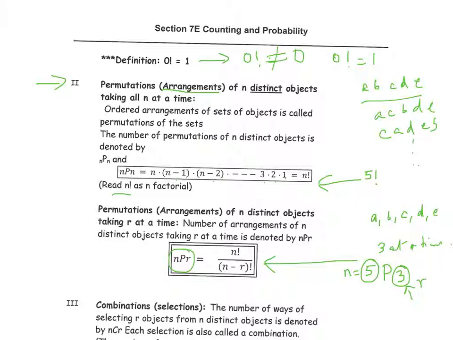We could use the formula, but when you're doing problems, make sure you use the calculator. It's much quicker. How do you use the calculator to figure out nPr? Go to Math, the MTH button, then go to PRB.